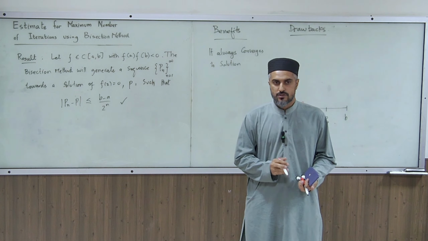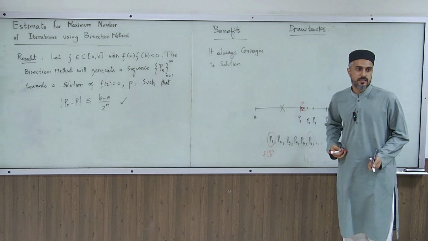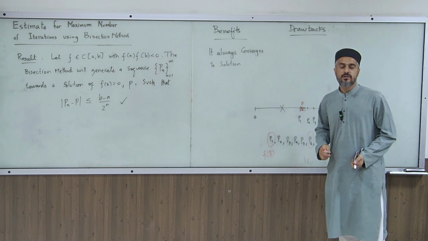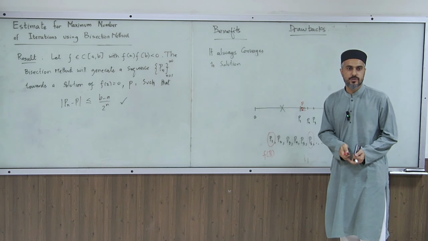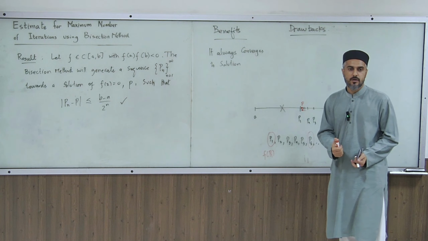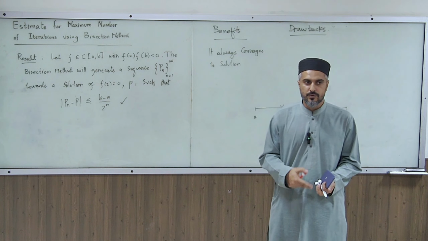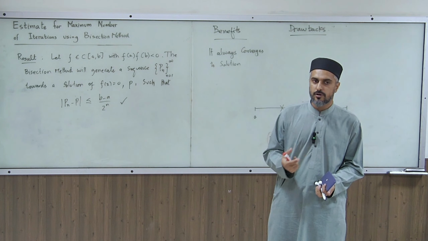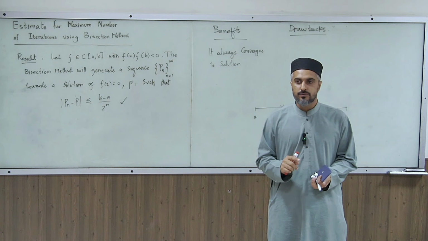So this is a drawback that the bisection method has, and we'll try to see how we can address this drawback in the methods we're going to learn, possibly the fixed point method that we will learn today. But more importantly, we'll see that addressed when we look at Newton's method.